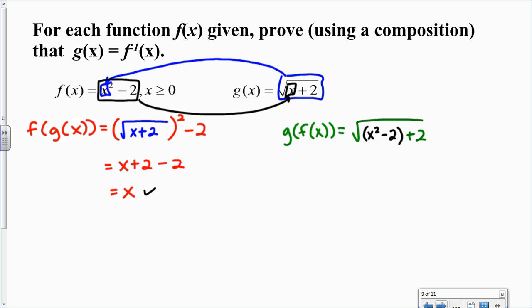So to remove your parentheses, you have a plus 2, so you're just adding. You can go ahead and get rid of the parentheses. So negative 2 plus 2 is 0, so you get square root of x squared.